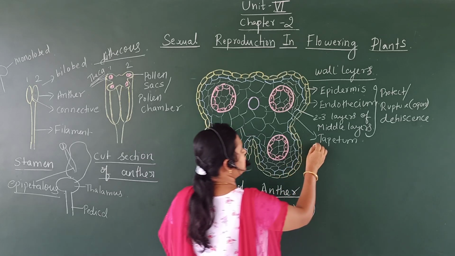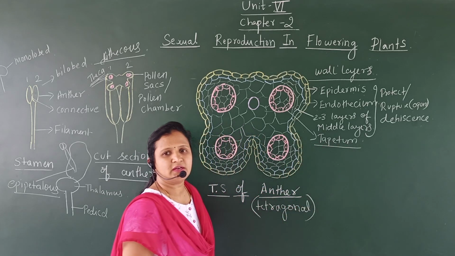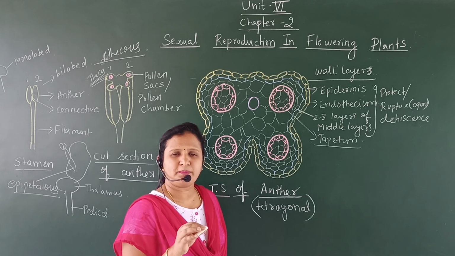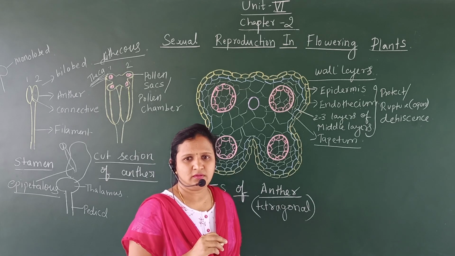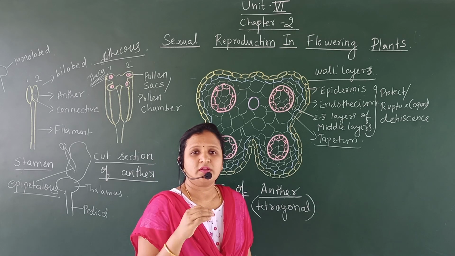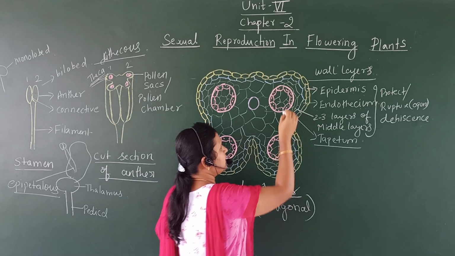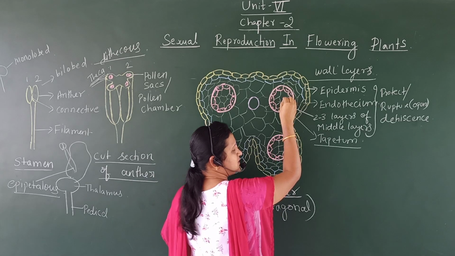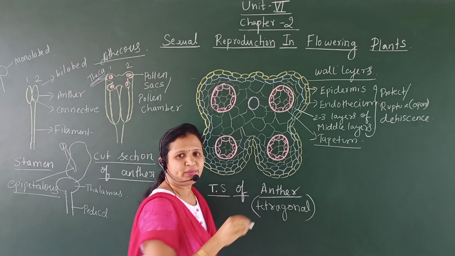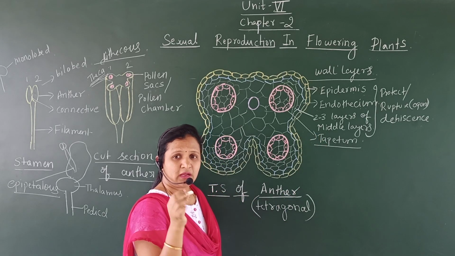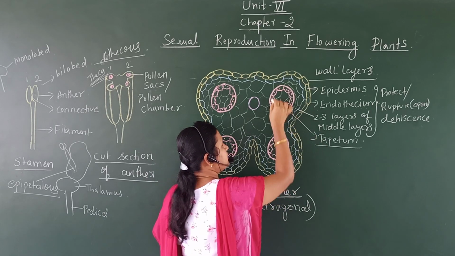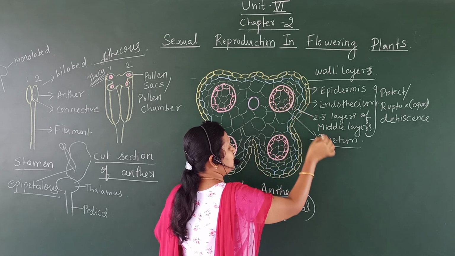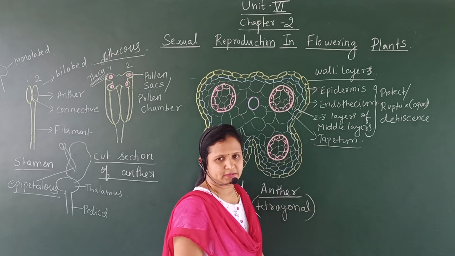And next comes the innermost wall layer, that is the tapetum. The tapetum's function is very important because it nourishes the pollen grains. In this microsporangium, the cells are going to develop into pollen grains, and those pollen grains will be nourished by the wall layer, that is the tapetum.